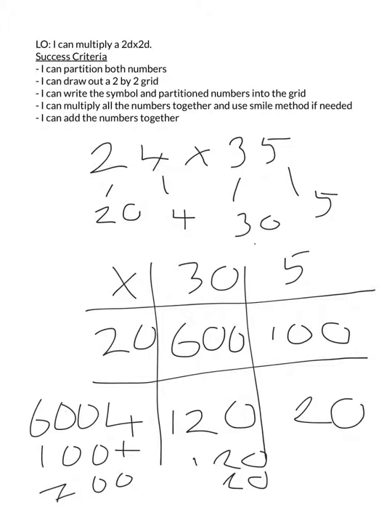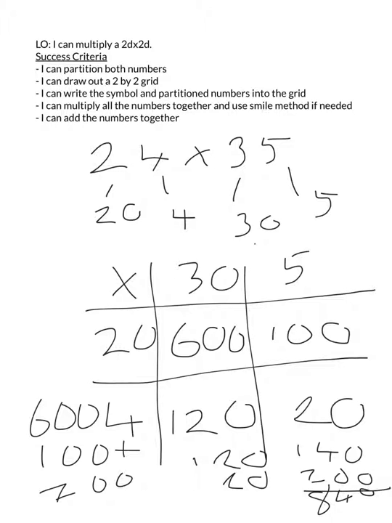So I've got 140, I'm running out of space here, hopefully you'll have more space. So I've got 140 plus 700, and then I can add those together. So my answer should be 840. I've run out of space here. That's a mistake I've made. I can learn from that mistake, okay guys?